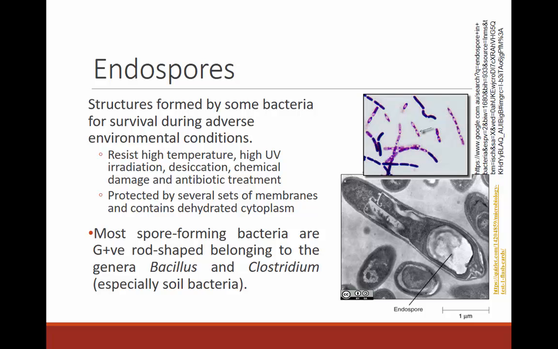So chances are, hopefully, you don't have an endospore inserted into your body. But if you did, it's about 37 degrees. You've got lots of protein, lots of fluid, lots of nutrients, a beautiful environment to start to grow, so that endospore can germinate and you might have a tetanus infection.